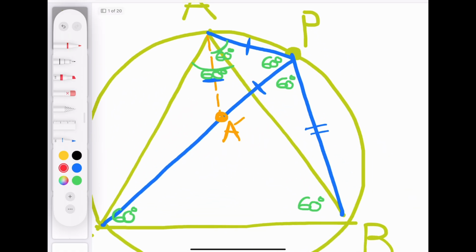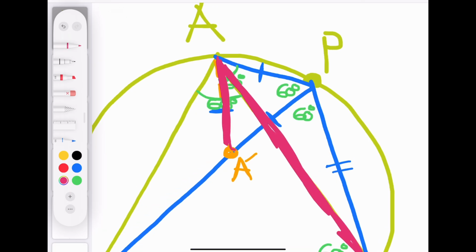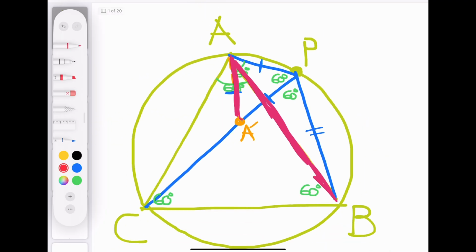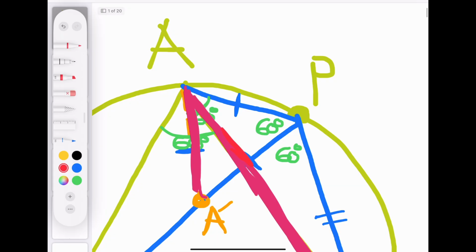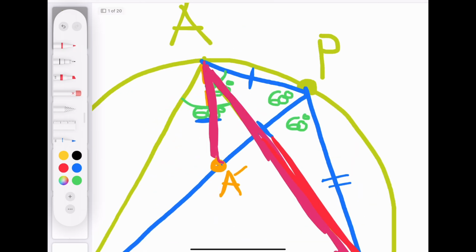And so if you subtract this common angle, A prime AB, from angles CAB and A prime AP, which we know are congruent given they're both 60 degrees, you'll obtain that BAP is congruent to A prime AC. Okay, so let me mark that in.